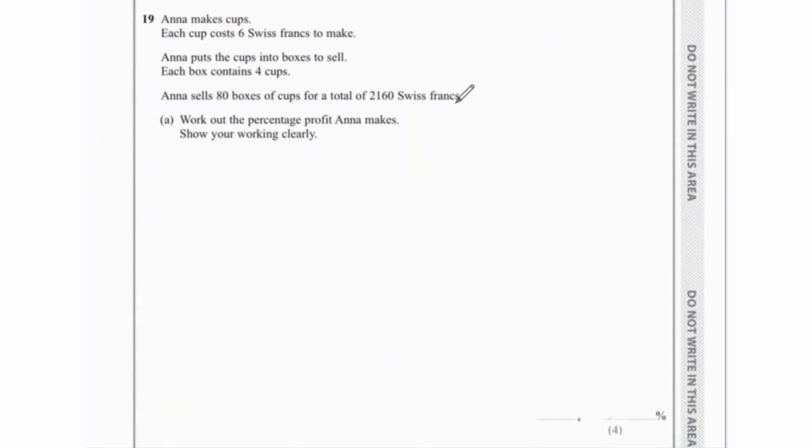So for the profit, we need the cost and the selling price for the 80 boxes of cups that she is selling in total. So each cup costs 6 Swiss francs, and each box has 4 cups. There are 80 boxes in total. So we need to figure out the number of cups first.